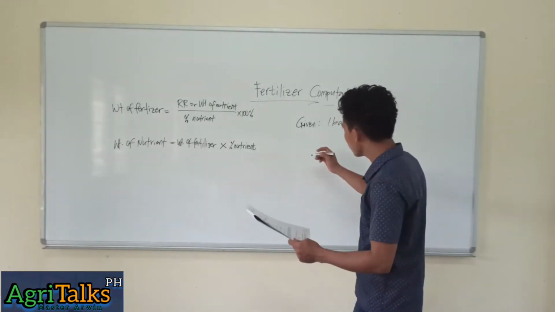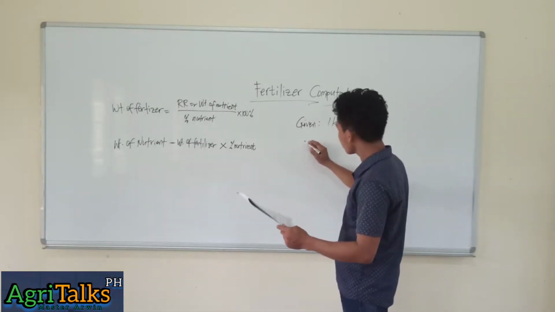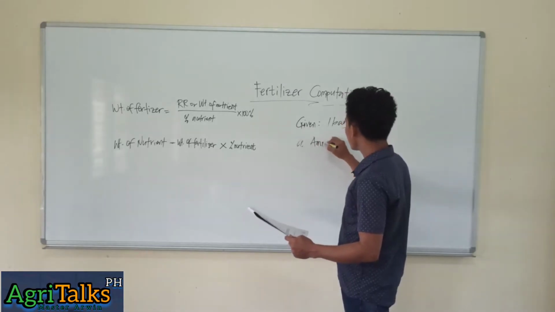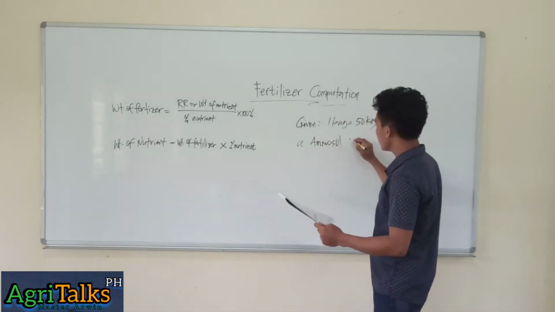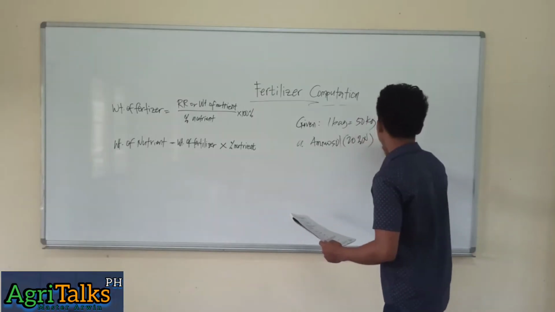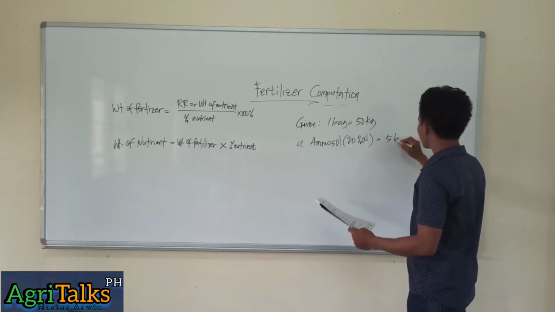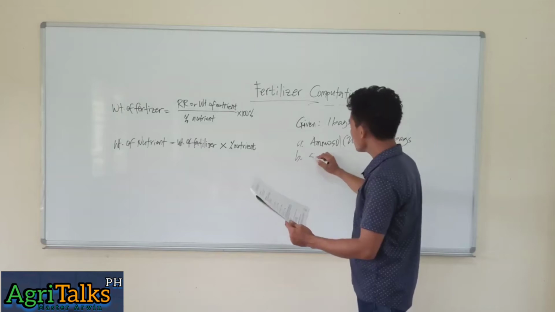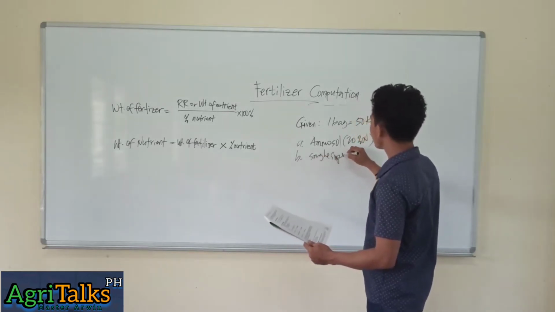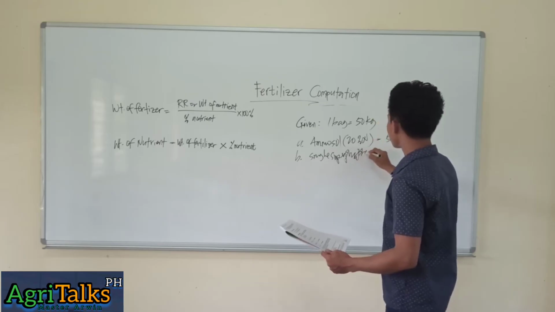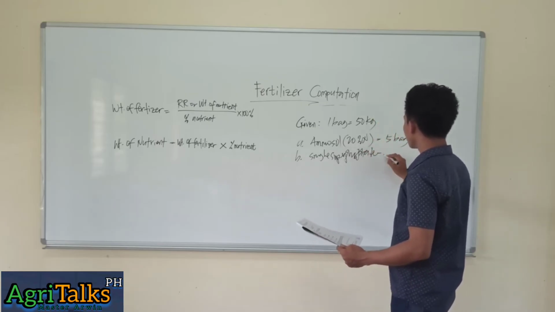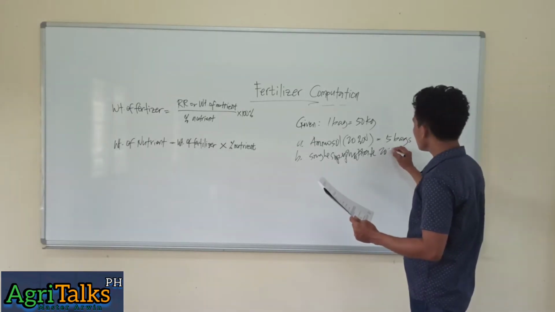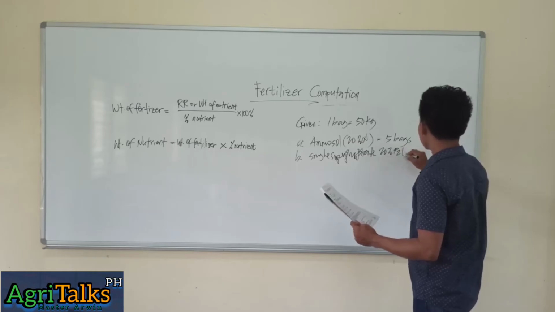So these are the following fertilizer materials that are used. Okay, A, we have this ammonium sulfate, 20% nitrogen, which was 5 bags. B, single superphosphate, having a 20% phosphorus.